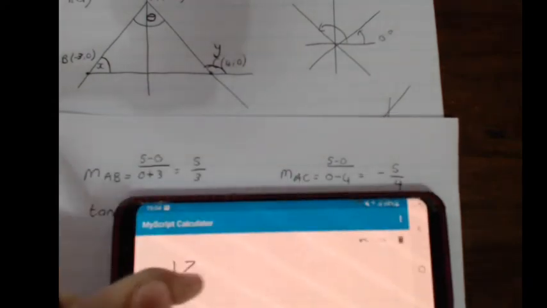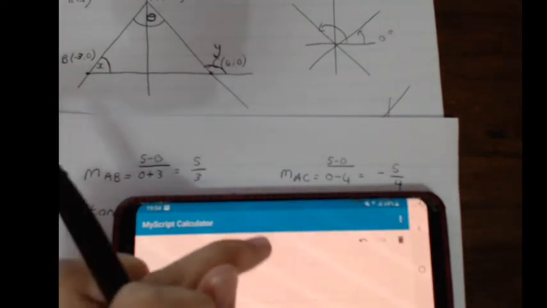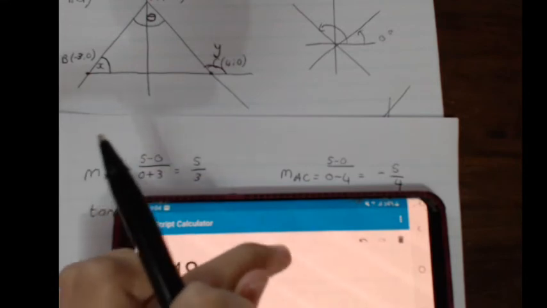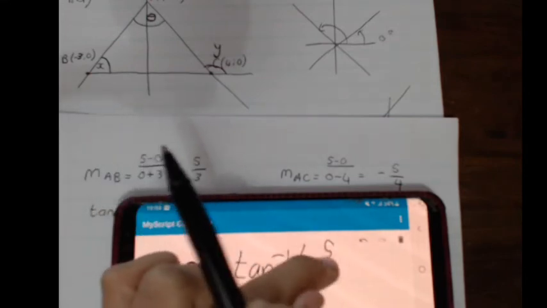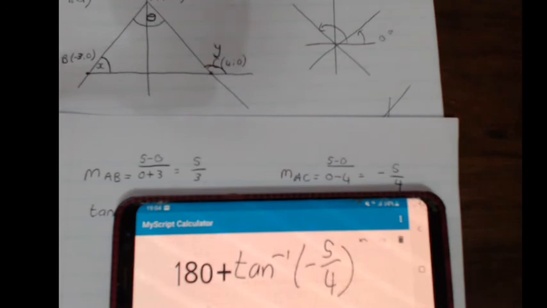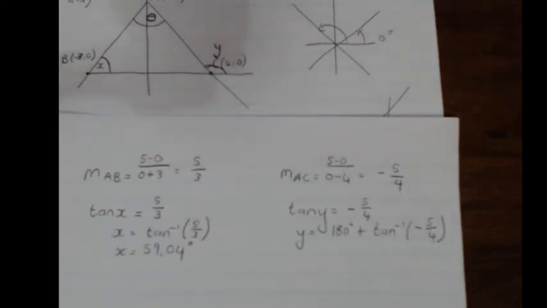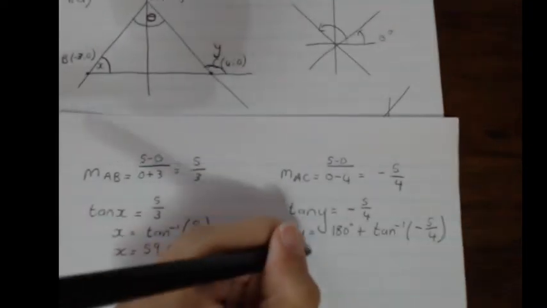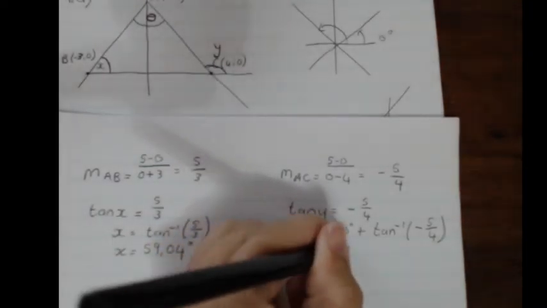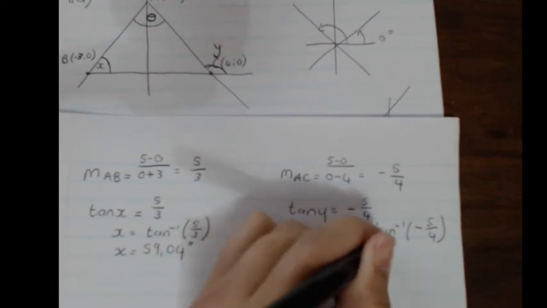Right, so I have 180 plus shift tan negative 5 over 4, and that gives me 128.66 if I round it off. So the y is going to be 128.66 degrees.